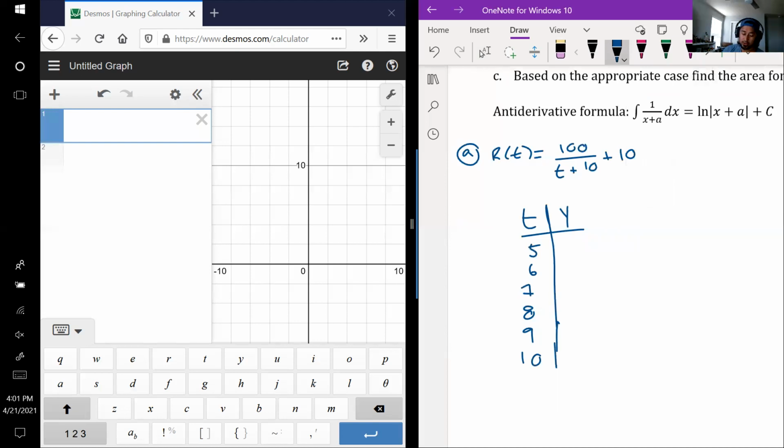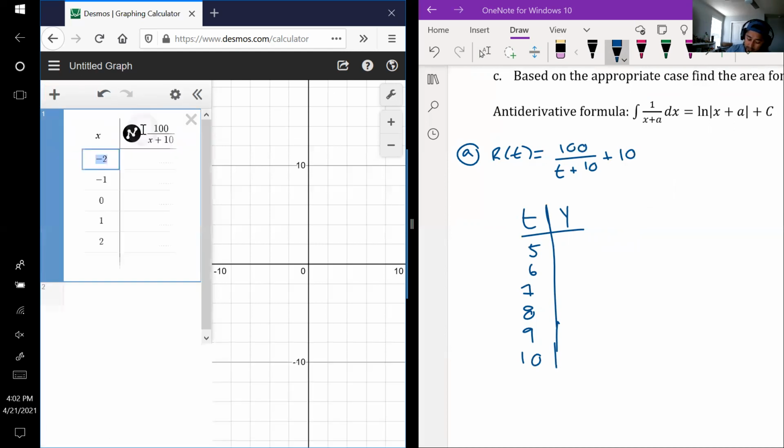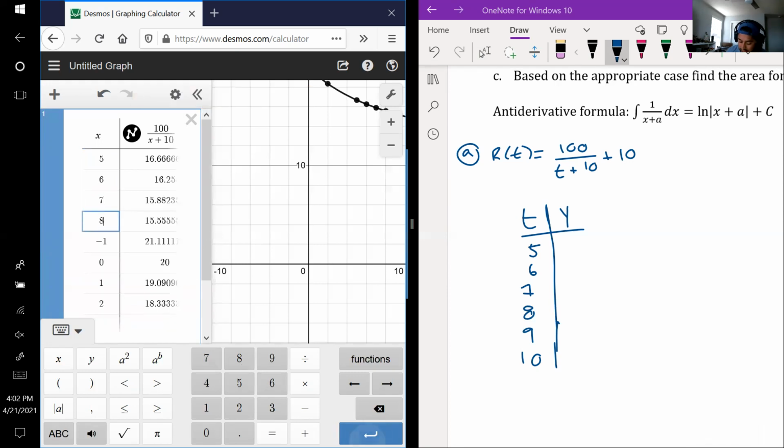Okay. So if you're going to type this function into your calculator or Desmos, make sure to just use the variable of x. So typing this in Desmos, I'll do 100 over x plus 10, and then move over and do plus 10. And now use my table feature and let's go ahead and type in those numbers. 5, 6, 7, 8, 9, and 10.